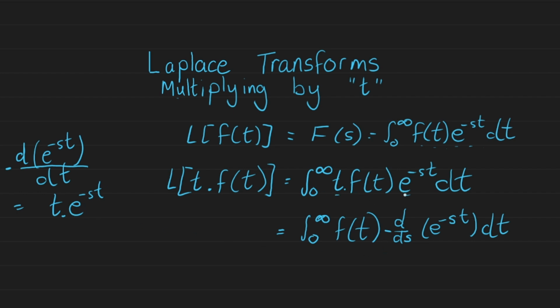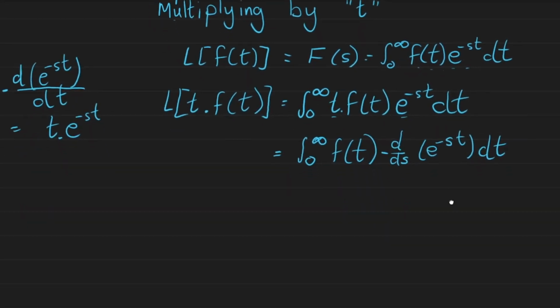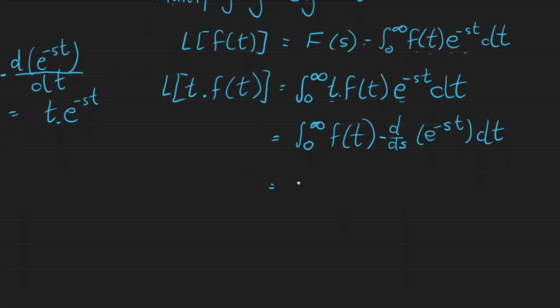So I'm going to bring this derivative out to the front. I get minus d/ds of the integral from 0 to infinity of f of t, which remains as is, e to the minus st dt.